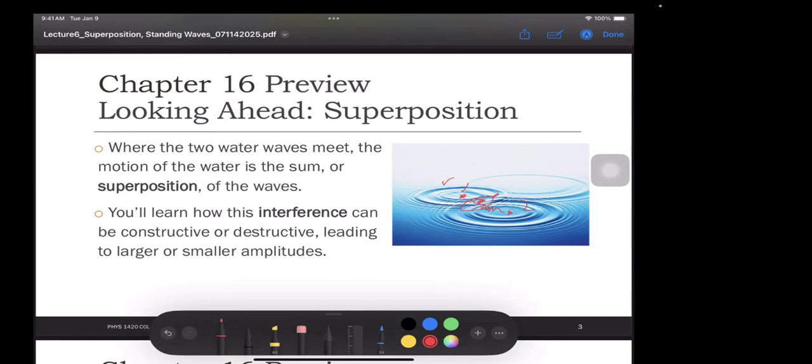Sometimes it will be smaller. We call it constructive if it is larger. Otherwise, the smaller one we call destructive. We will learn when the constructive will happen and when the destructive will happen. This is what we will learn.